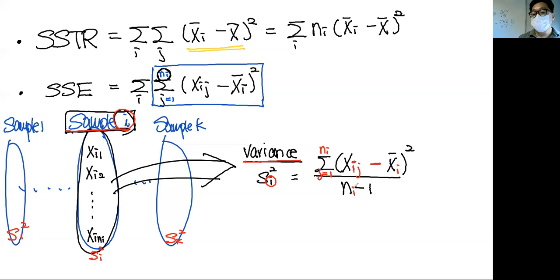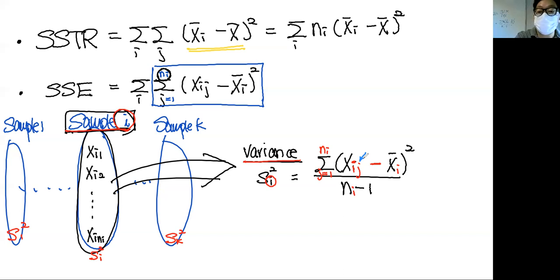So be careful. Now the index j is each observation in sample i, and the index i now is for the sample, right? So be careful, I switched the meaning of the index.